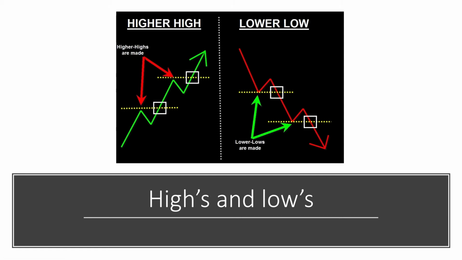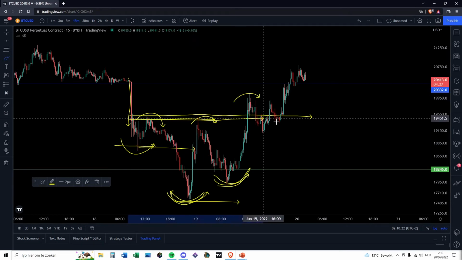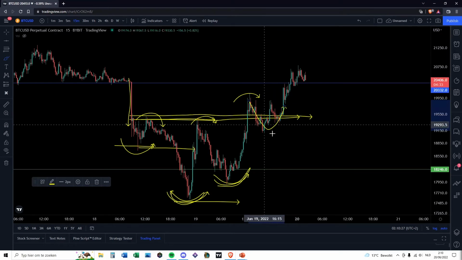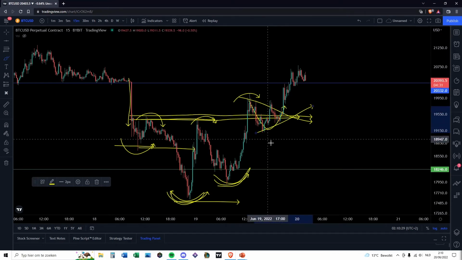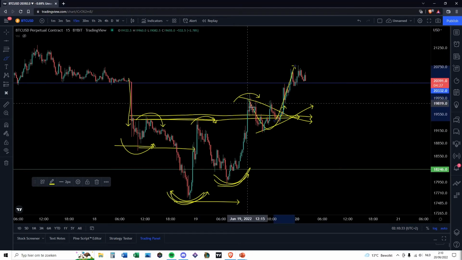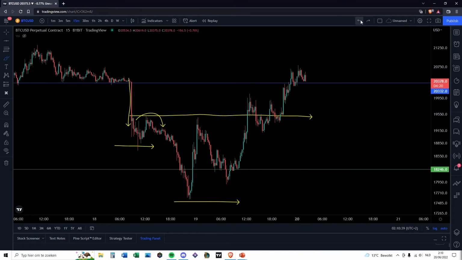Let's go back. So here you have it. This was the important level. You bounced back upon it, kind of. And here you have compression, it breaks out. So you really have to know what is compression, what is a higher high, what is a higher low. So let's clean it up a bit.